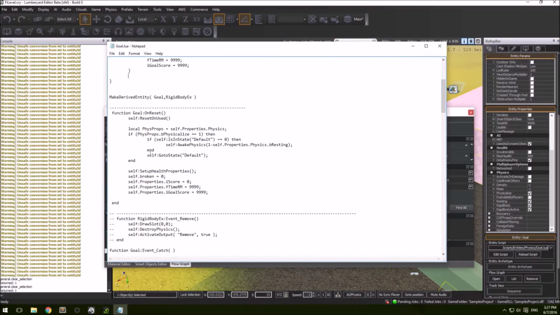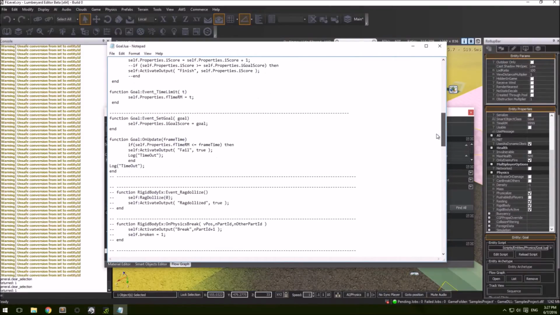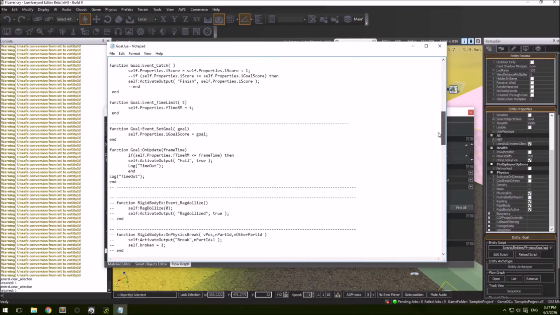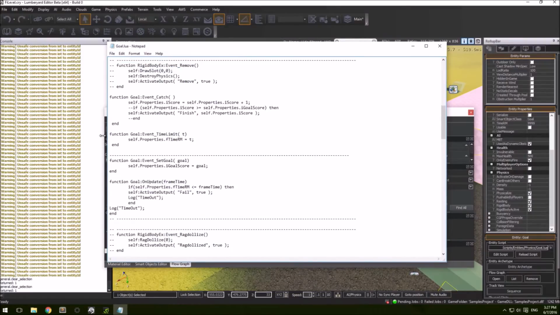And we have some functions for the go, like on reset. And this is the event catch.